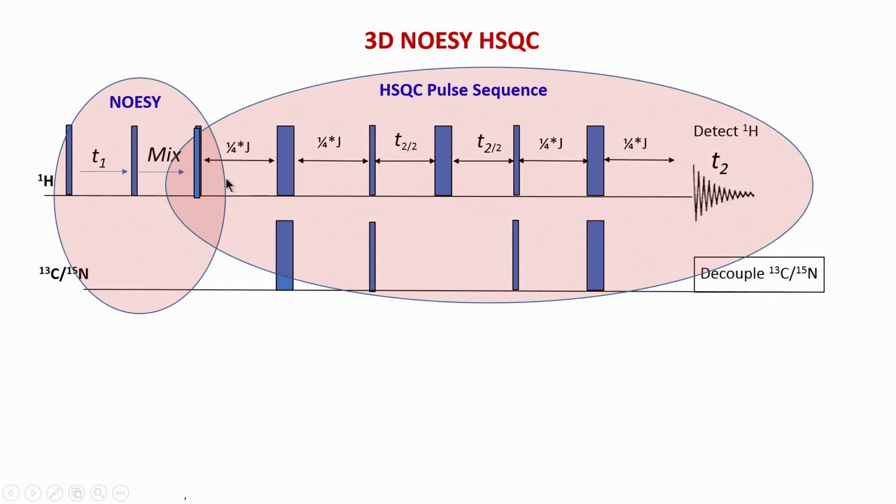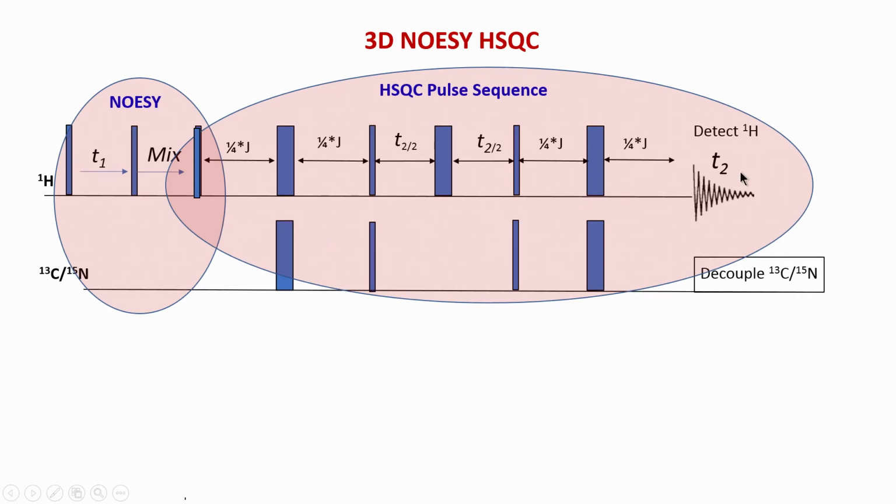If you recall the HSQC experiment we discussed in the first part of the course, we saw that HSQC is basically through INEPT. First you have the INEPT part, then you have the evolution part of the heteronucleus. Now, this heteronucleus can be either carbon or nitrogen, it does not matter, the same idea is applied to both. And then we have the reverse INEPT, and we detect the signal finally.